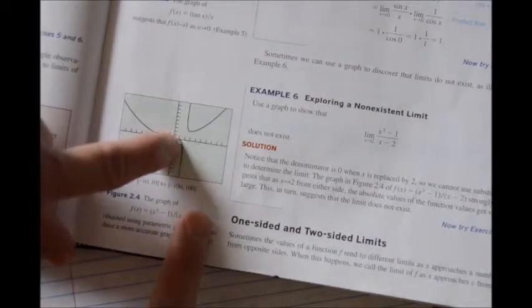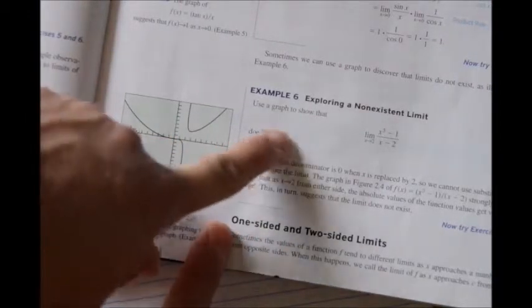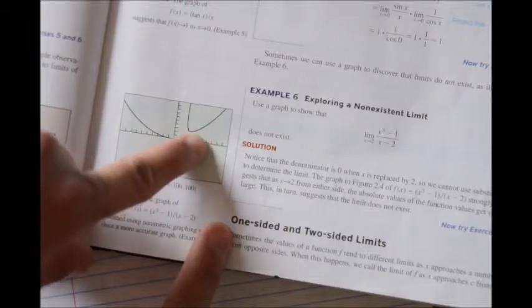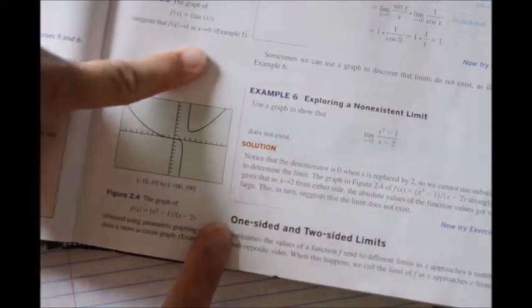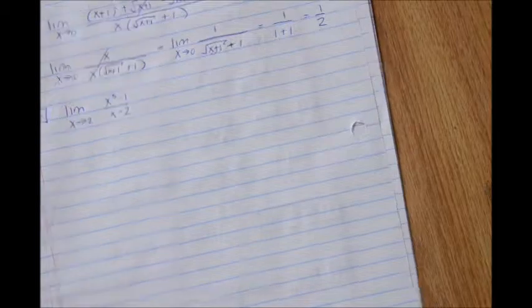So see how it goes down as it approaches 2? It actually goes down to -infinity. This limit on the right-hand side as it approaches 2 goes to +infinity. So the limit of the right and the left-hand side actually do not equal each other, which based off of our definition, that means that the limit does not exist.